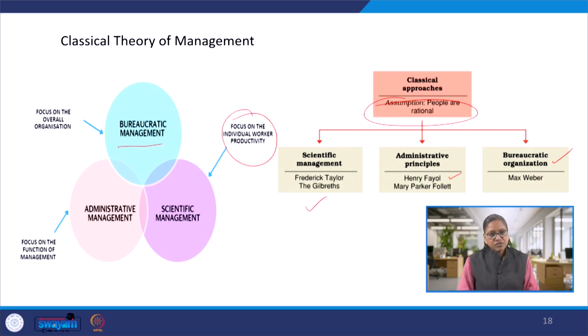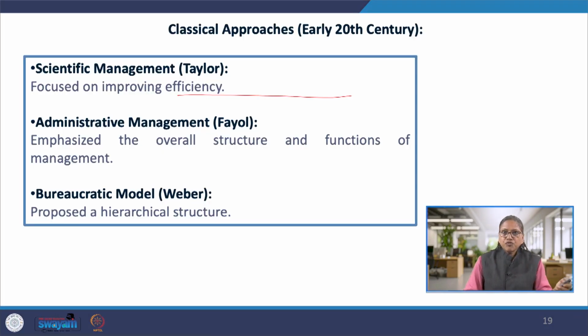So, these are the major contributions of the classical theory of management. Scientific management, proposed by Frederick Winslow Taylor, focused on improving efficiency through scientific analysis of work processes, standardization of tasks, and time and motion studies by Frank and Lillian Gilbreth.